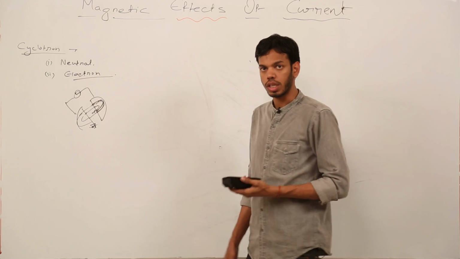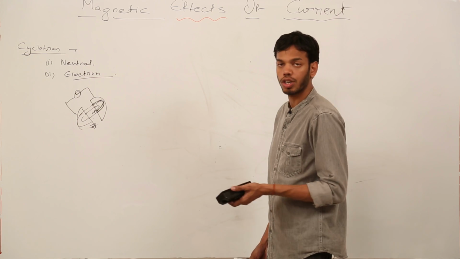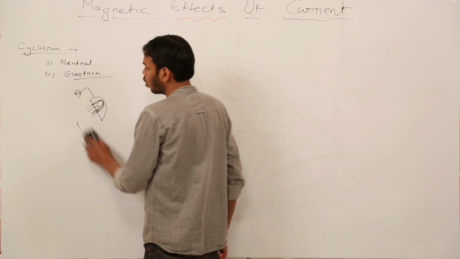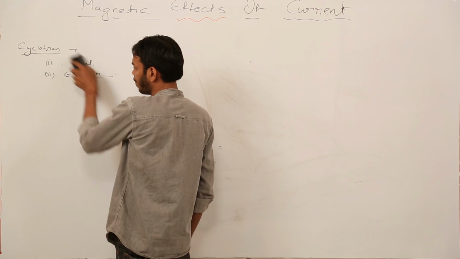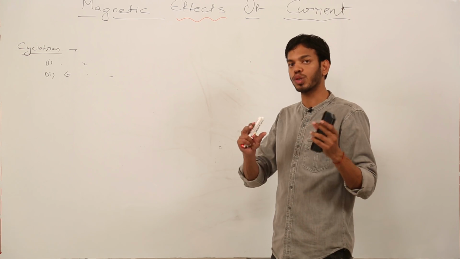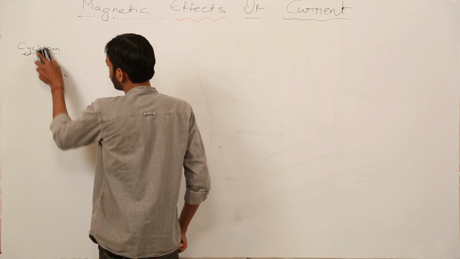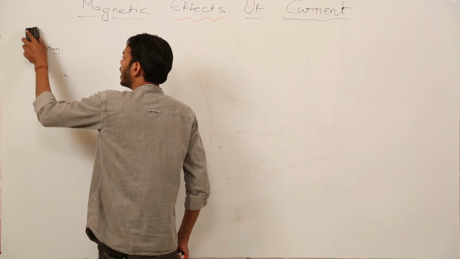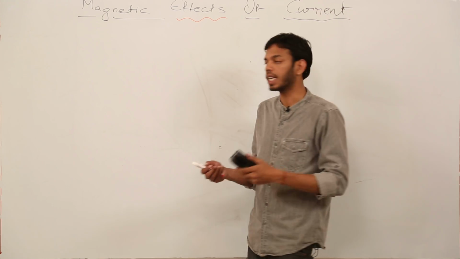But when current flows in a conductor, current is the flow of a lot of charges, a lot of electrons. So if that whole conductor is placed in a magnetic field, the cumulative force from each charge will give a big force on the whole conductor, due to which the whole conductor will experience the force. That is what our next topic is. Pause the video, rewind the statement, listen again, you will get my point.